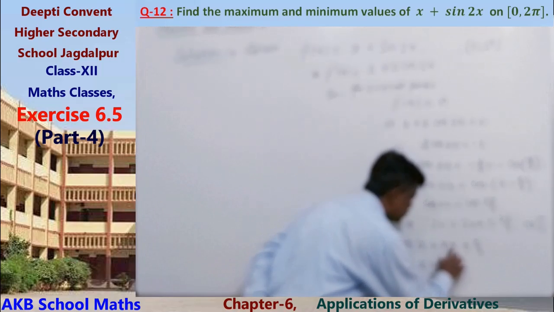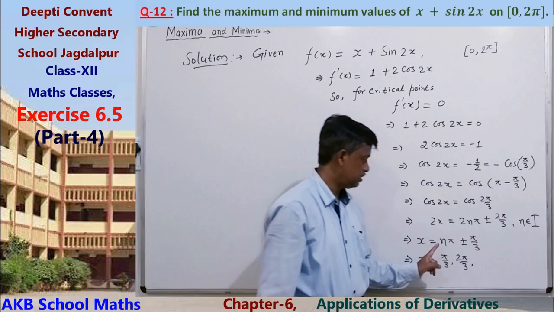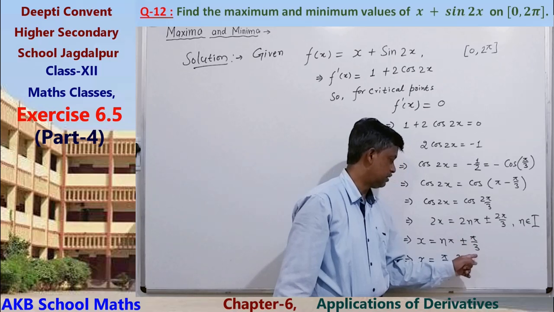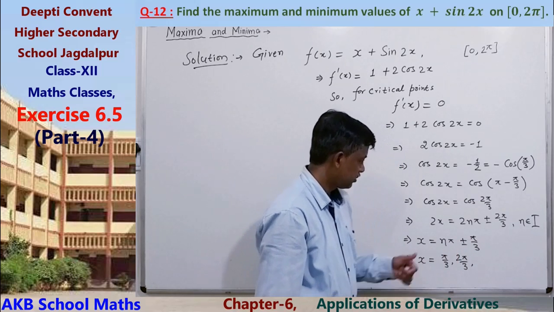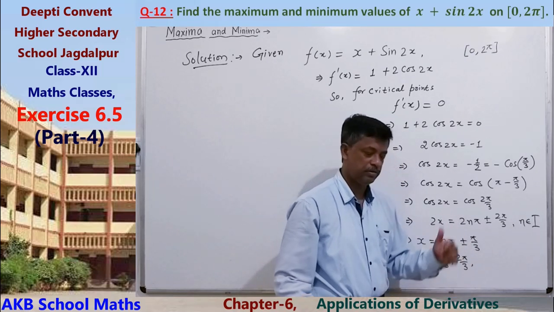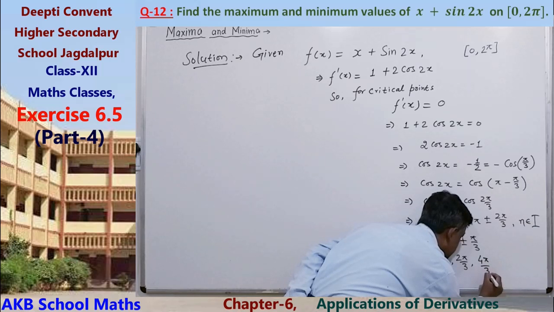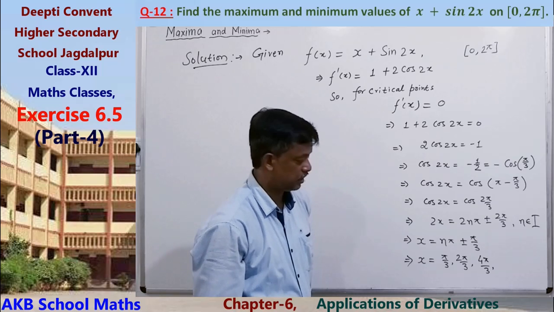When n equals 1 and plus pi by 3, clear? Pi plus pi by 3 means 4 pi by 3. Because these values are between 0 to 2 pi.